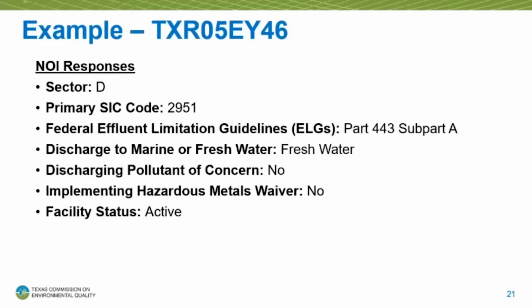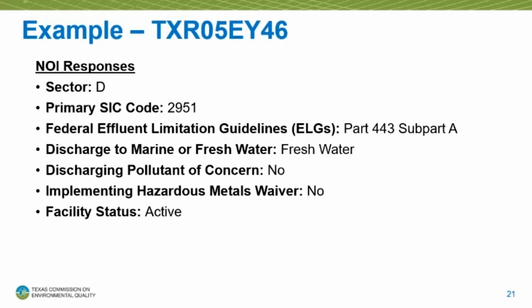So, for example, in this permit, TXR05EY46, this is how they answered some of those specific questions in the notice of intent. They identified that they are in Sector D with primary SIC code 2951.